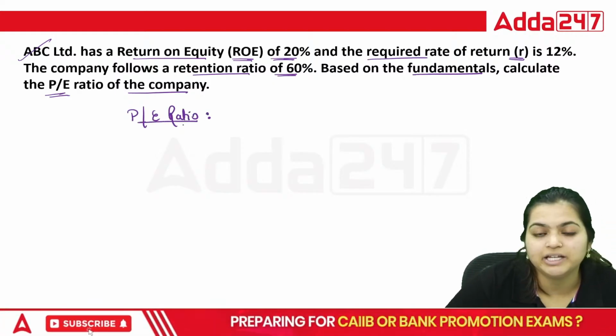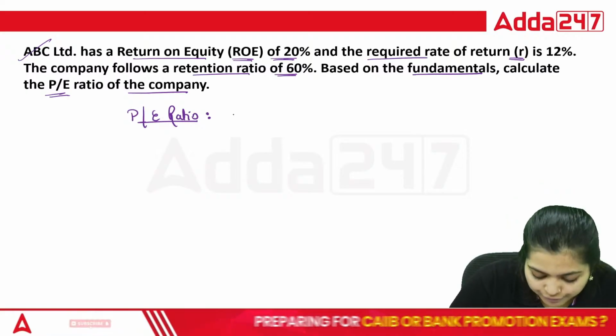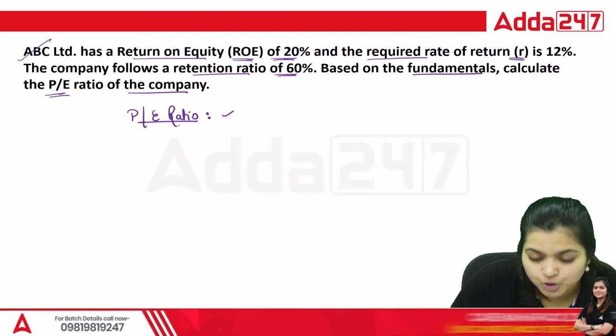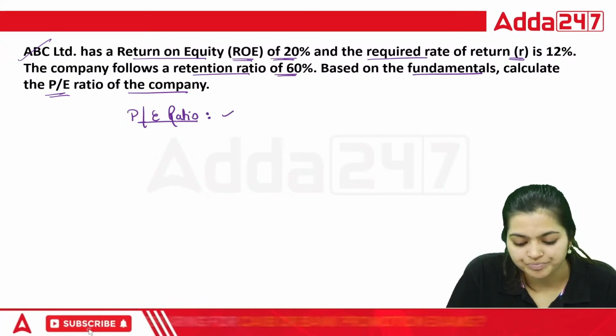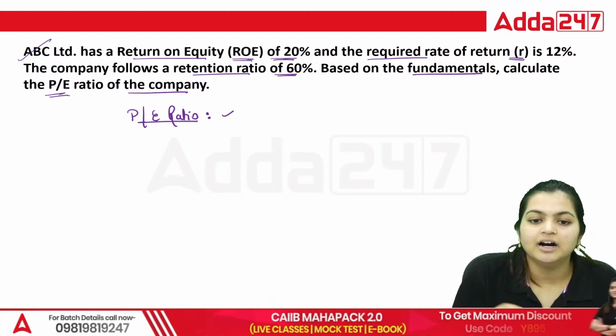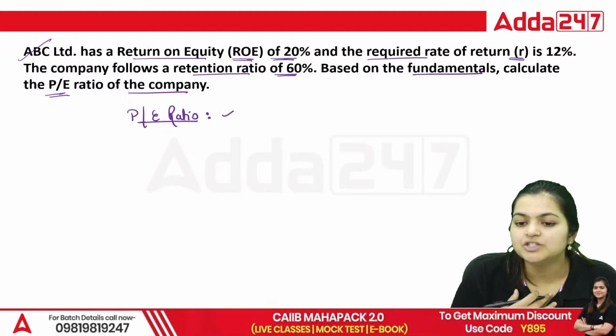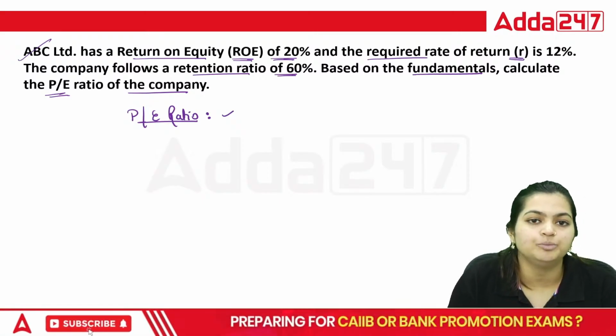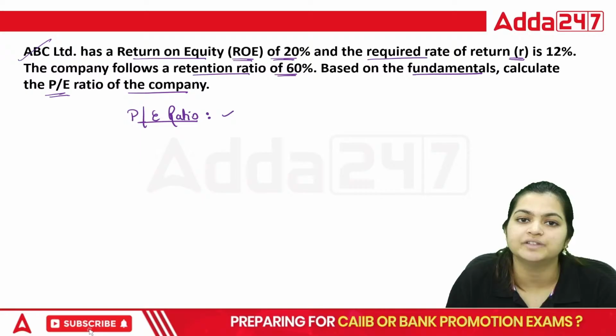Now what is this PE ratio? PE ratio means, if I want to get the earnings of the company, how much I am ready to pay for it. How many shares I am ready to purchase if I want the earnings of the company.